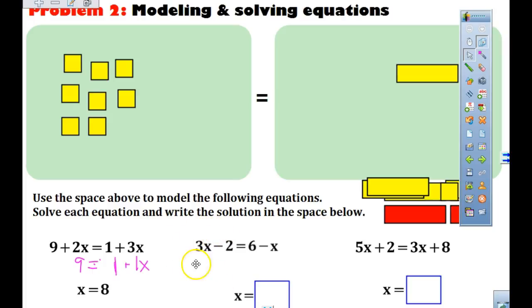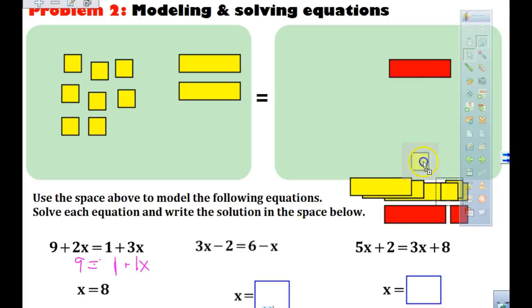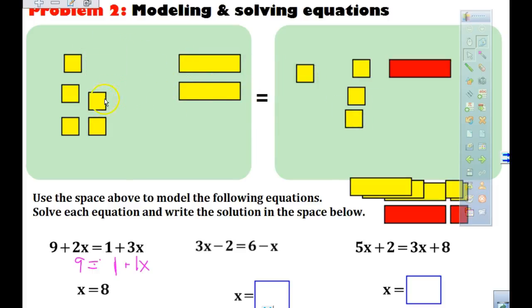Please model this next one. Put 3 x's and put your -2. So 3 x's with a -2. We're going to do the negative x on this side with the 6 ones. Model that so I can see yours.